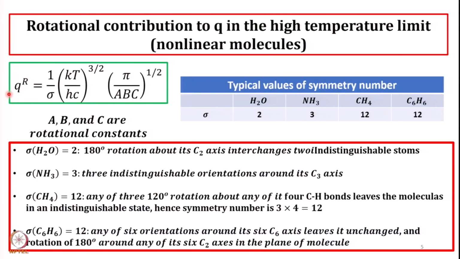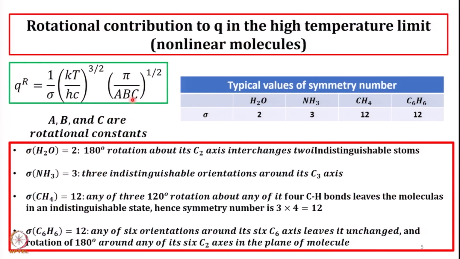The rotational partition function for a non-linear rotor is given by 1 by sigma, kT by hc raised to the power 3 by 2, times root of pi by ABC, where A, B and C are rotational constants associated with the rotation of the molecule in 3 dimensions. It is possible that, depending upon the type of rotor, any two of A, B or C may also be equal.